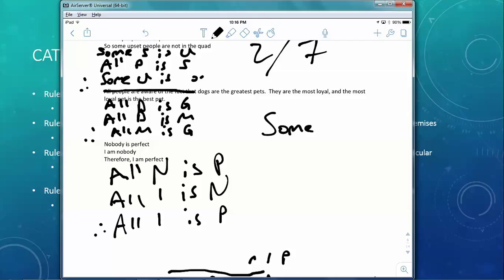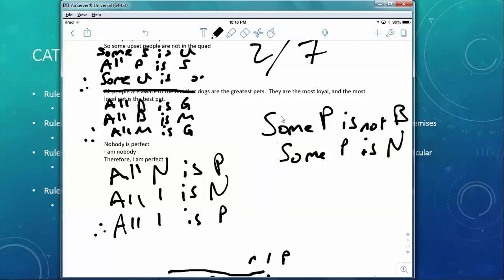Not that I've ever tried earwax. You could say some P is not a Brussels sprout lover, or you could say some P is a non-Brussels sprout lover, right? And both of these, as long as you keep it consistent, are going to be just fine.